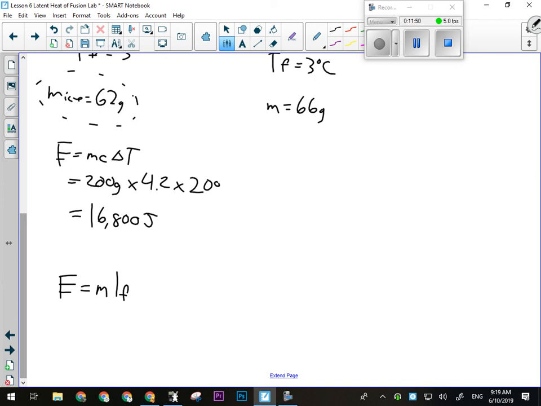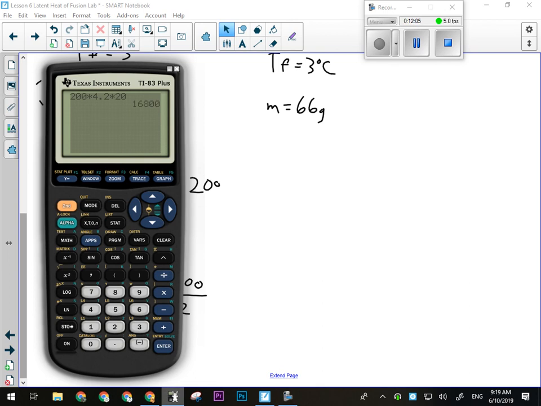So if we manipulate here to get our latent heat of fusion, we're just going to be dividing both sides by m, which will mean we'll take our 16,800 joules and divide by 62 grams. Now I know that seems kind of a ways off from 333, but it's actually not too bad.